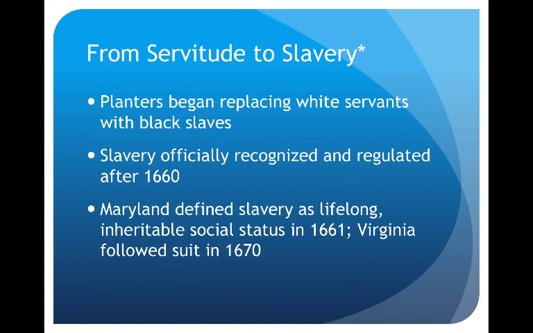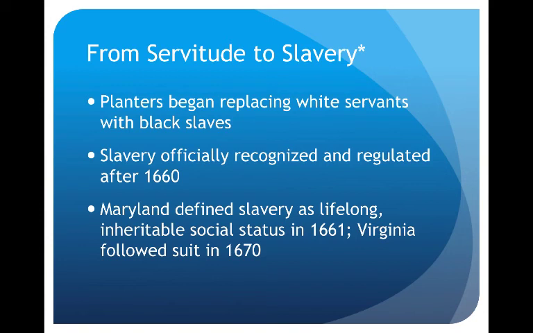Maryland becomes the first colony to officially codify slavery as a lifelong inheritable social status. Before that, there was some ambiguity on whether slavery lasts forever. Are children of slaves slaves as well? Maryland passes a law in 1661 which says slavery lasts forever, and any child of a slave is also a slave. Nine years later, in 1670, Virginia passes a similar law.